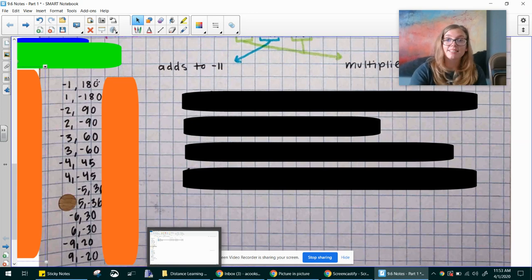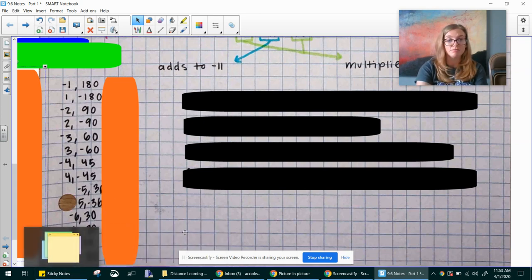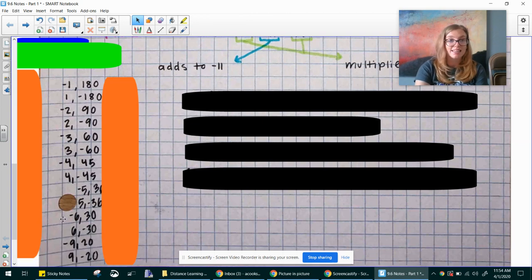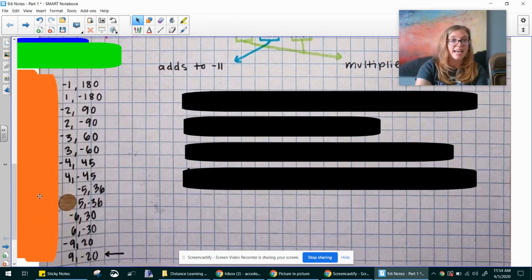Looking through this list, I now need to find which pair adds to negative 11. So I know I want my bigger number to be negative, so my answer will be negative. As I look down, my last pair, 9 and negative 20, is the only pair that adds to negative 11. Those are going to be my magic numbers.